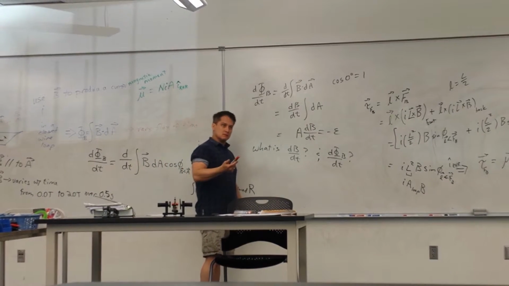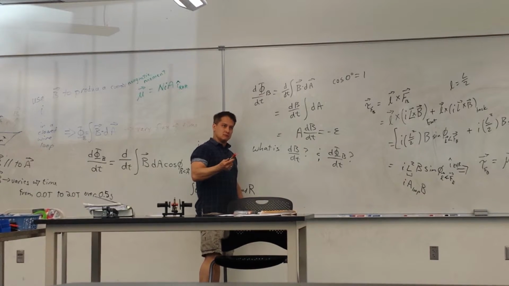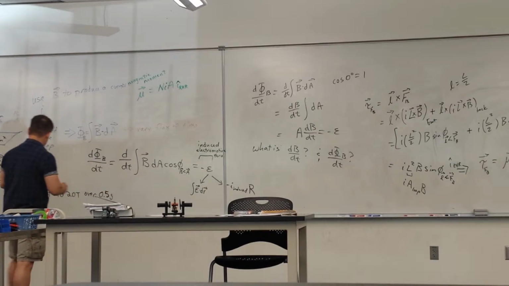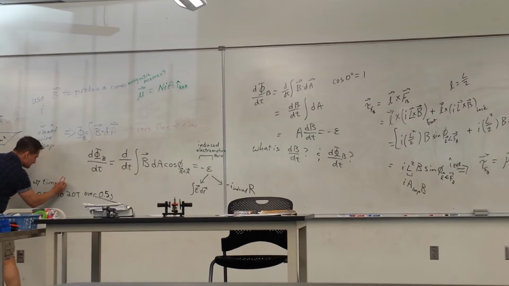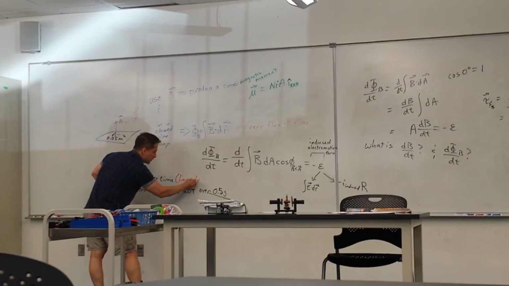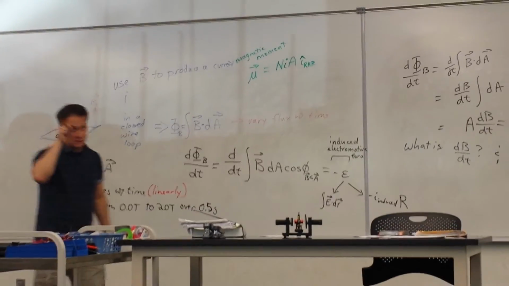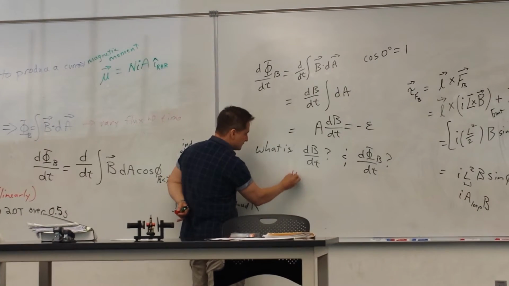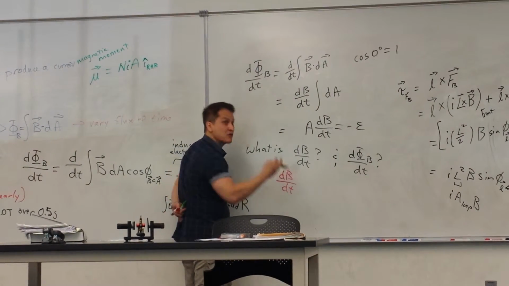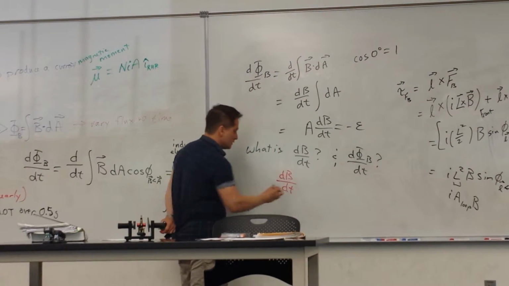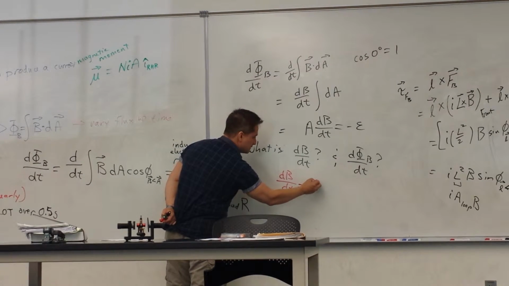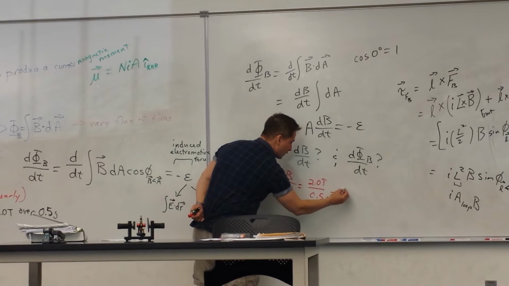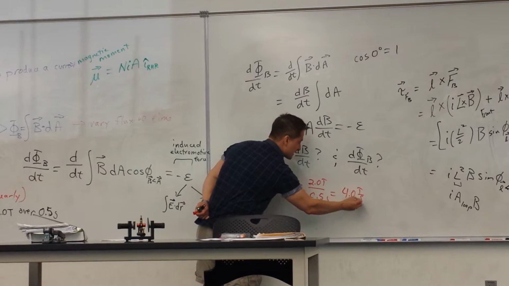Well, it seems like that's more of an average change. Assume it's linearly changing. I'd give you a function if it wasn't. But for now, dB/dt, if we assume the average, would just be 2 Tesla over 0.5 seconds, or 4 Tesla per second.